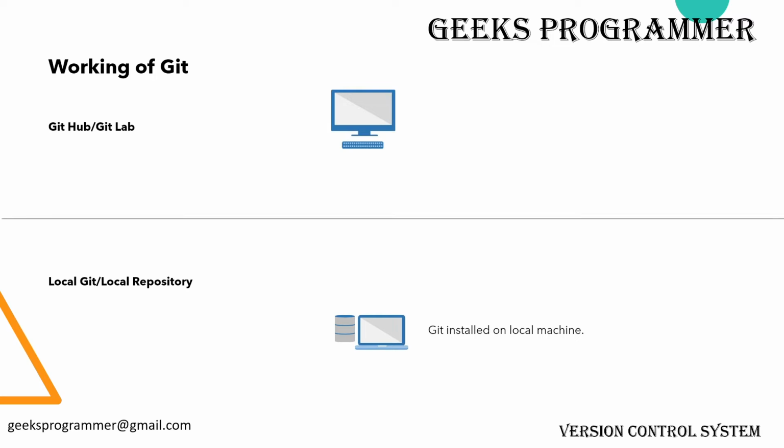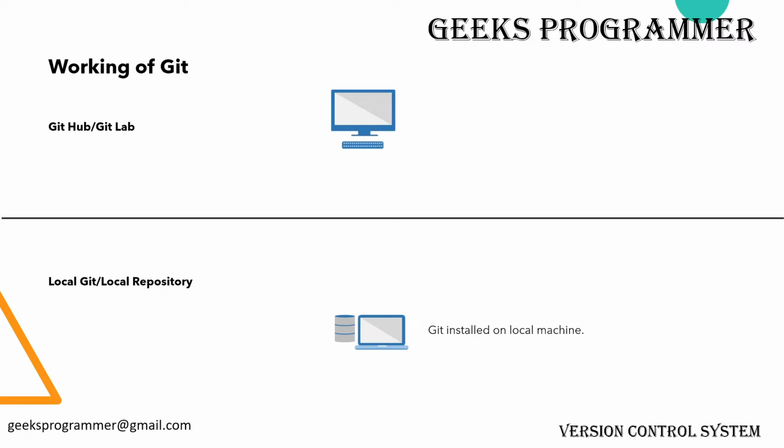So for that we use GitHub or GitLab or Bitbucket. These are third-party applications or third-party services which implement Git and provide you these services to store your repositories or code at a remote, centralized place, so that everyone else can make their changes and pull their changes.